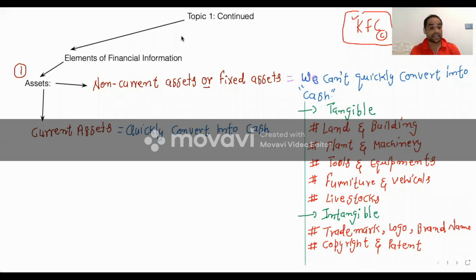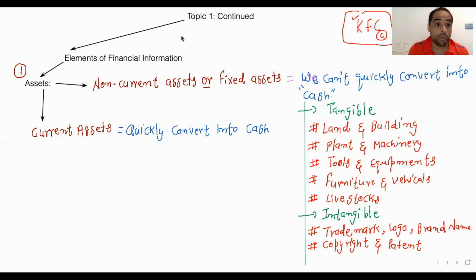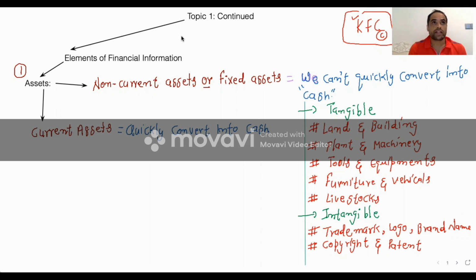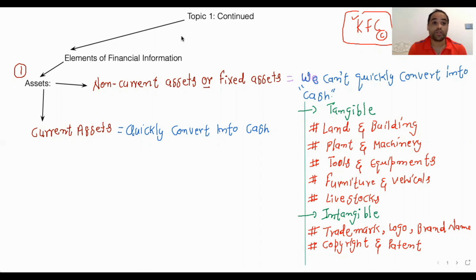Another example, the best example for patent, is smartphones. In a smartphone, we have an operating system, right? For example, if you are using a Samsung smartphone, we have Android. Android is the operating system, and I think it's a product of Google. If you open a smartphone, you need an operating system.